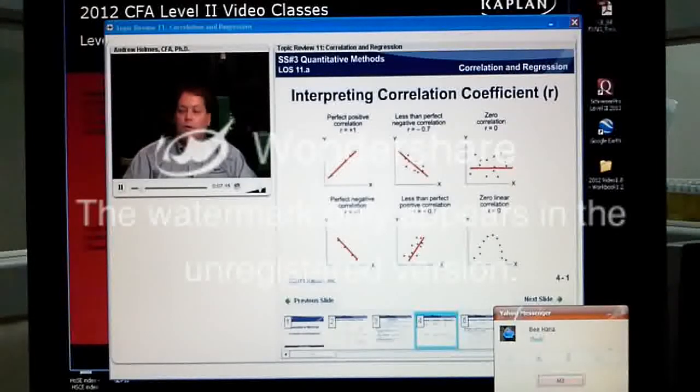Now, the thing that you really need to learn from this slide is that if we wanted to draw a characteristic line on this last graph, we would also get something that looks like this. Okay, so in other words, we get a correlation coefficient of 0, even though clearly these two variables, x and y, are related. It's just that the relation is in a nonlinear fashion, and correlation is a measure of linear association.